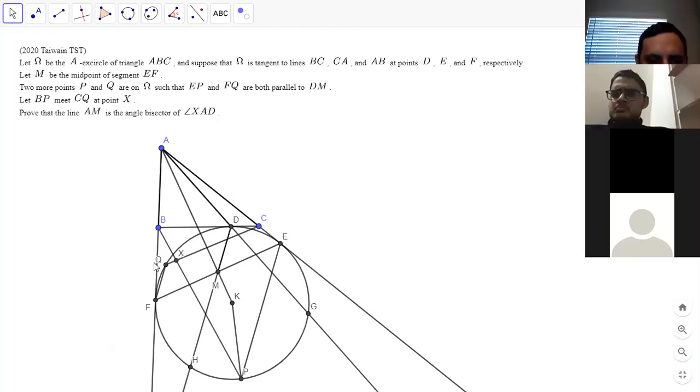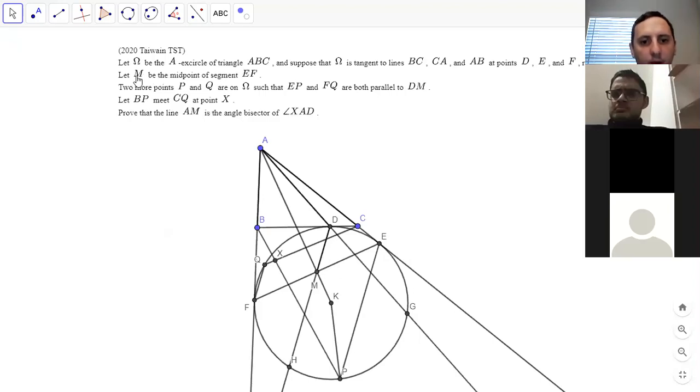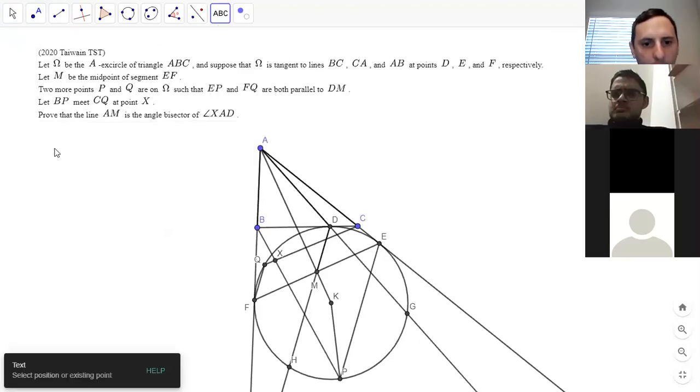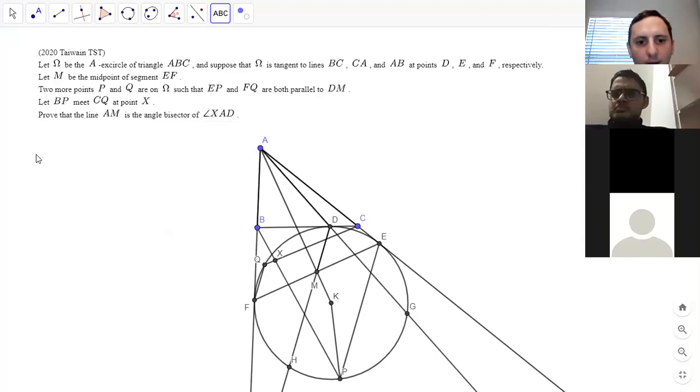And then we would want to show that arc DQ and arc EG are equal, so that would mean those are isogonal. Okay, I'm just going to write an outline, but I think that solves it, just because we're out of time. I think we can only angle chase and get to the point.